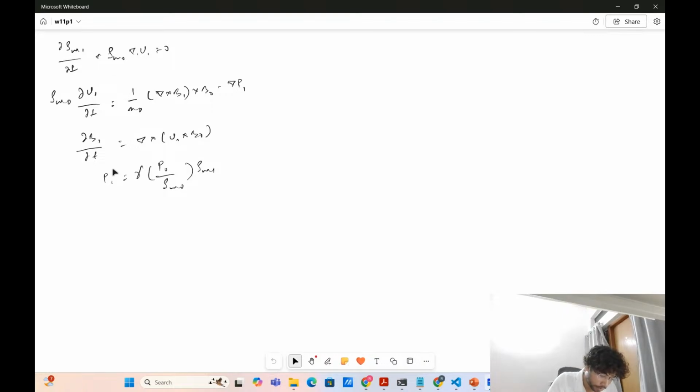And it turns out that we can represent rho m1 as rho m1 tilde, where tilde is the Fourier transform of rho m1, right?